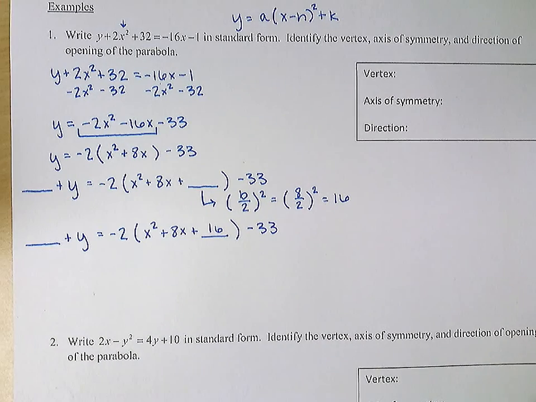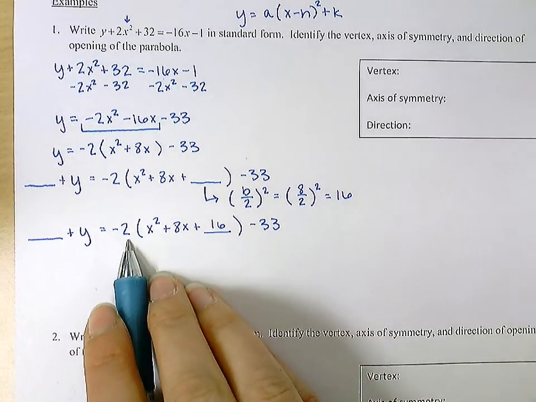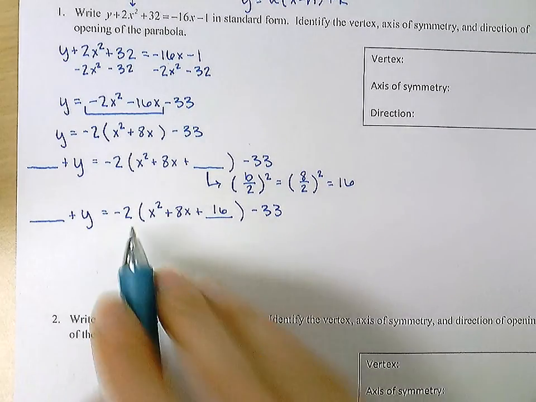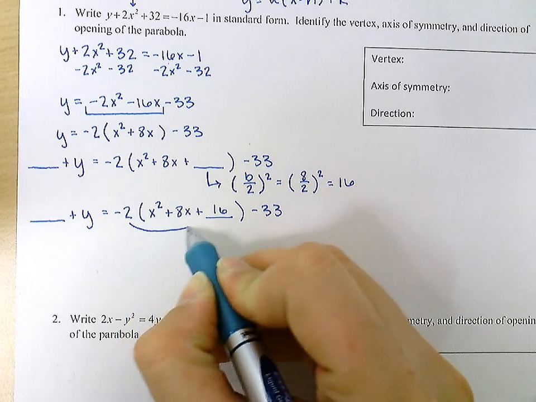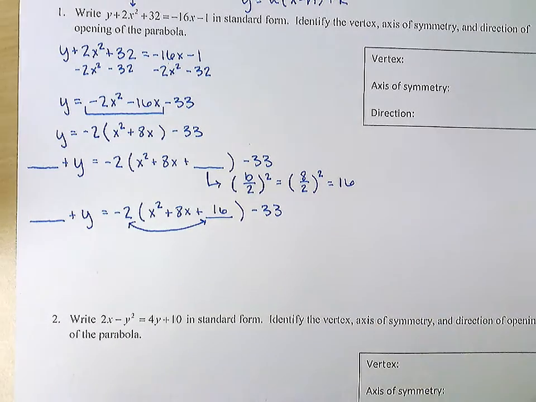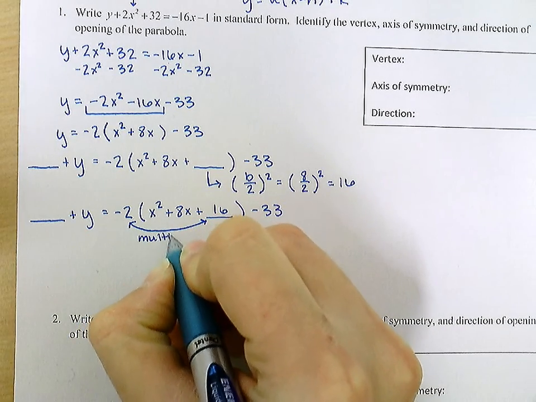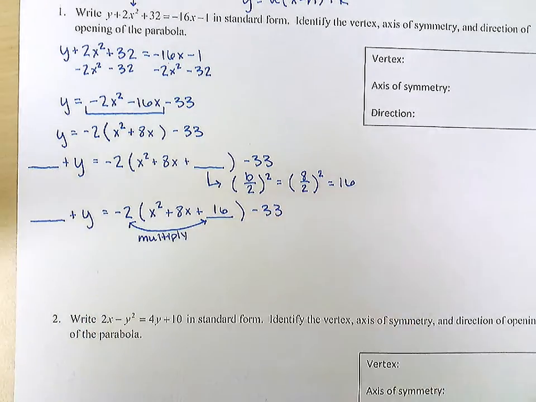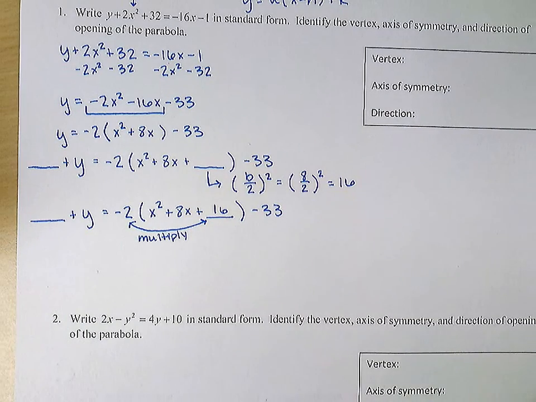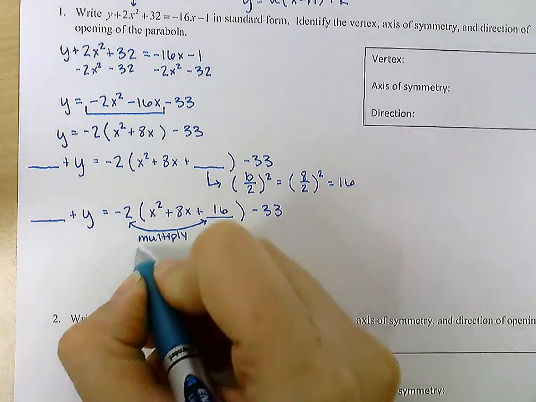Now whatever I do to one side, I have to do to the other side. However, since I have this -2 out front, I need to multiply these two terms together. Now when I multiply those, what do I get? -32.